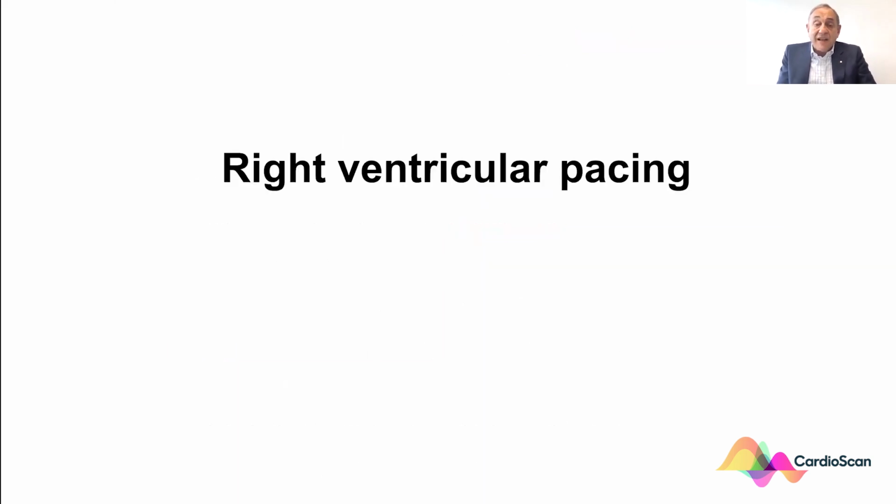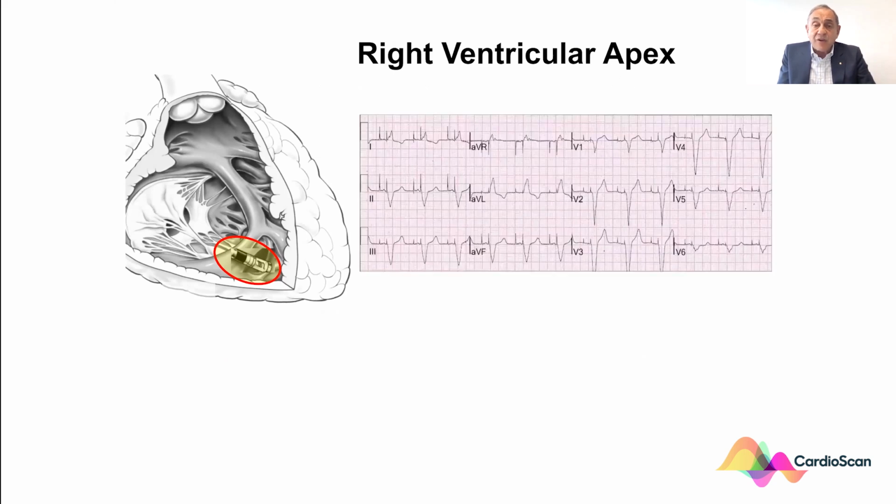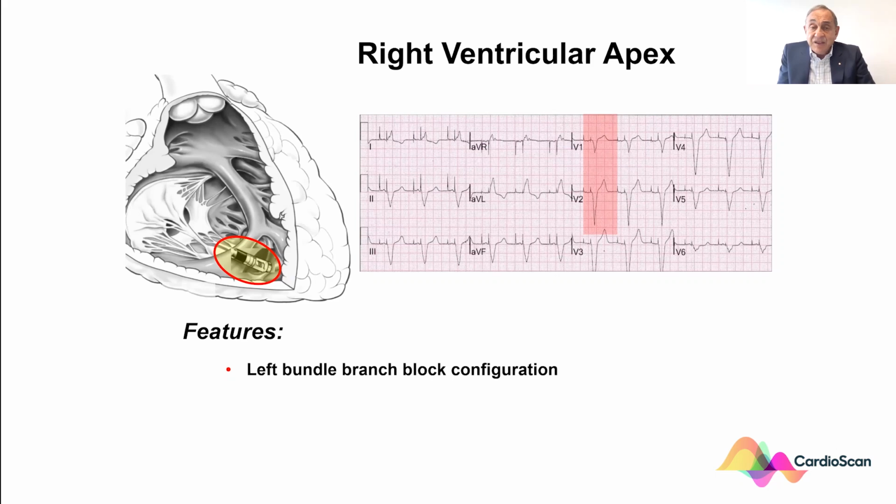Let's now look at right ventricular pacing. Here we are with a lead at the apex of the right ventricle, and now a 12-lead ECG showing firstly, that there is a left bundle branch block configuration, hence right ventricular pacing. But where is it in the ventricle?